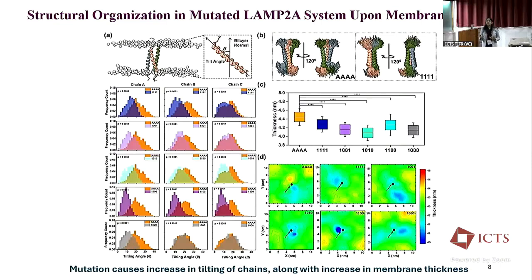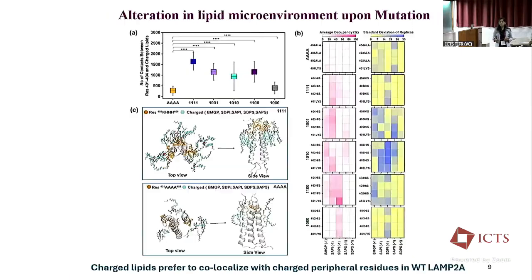Because of this tilting, we observe a substantial change in the membrane thickness compared to the wild type and its variants. And this is the local density map of membrane thickness. Here also we see that alanine has higher local membrane density. So to conclude this slide, we can say that the mutation causes an increase in tilting along with an increase in membrane thickness.